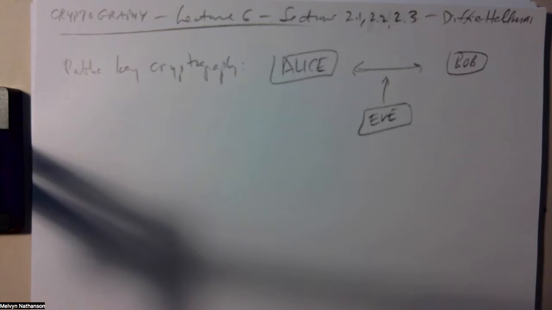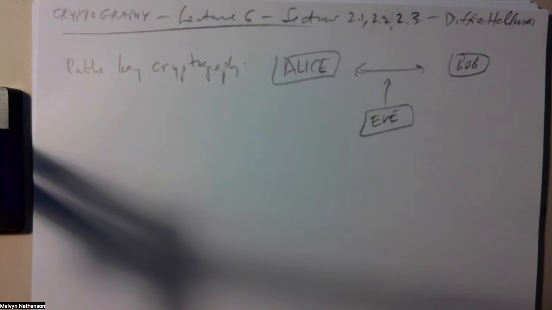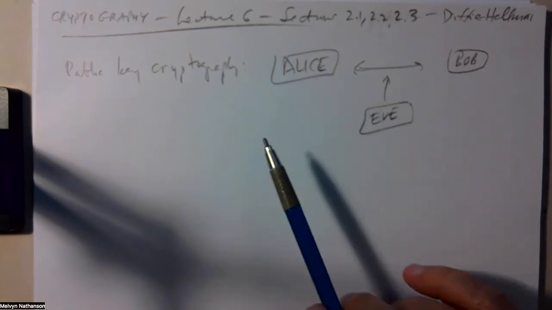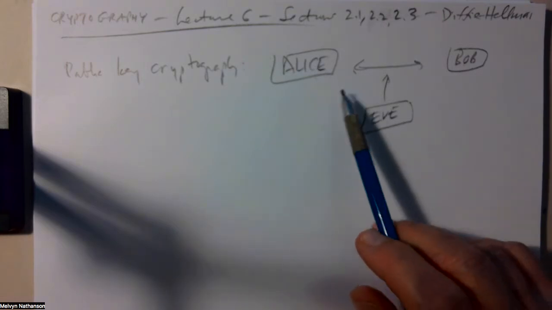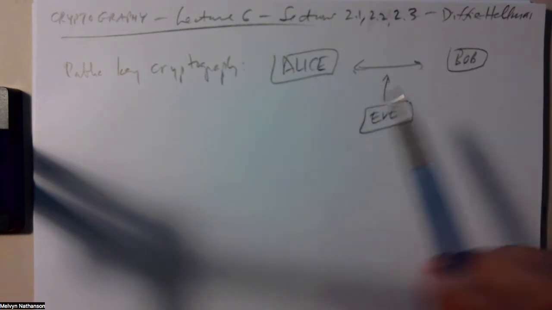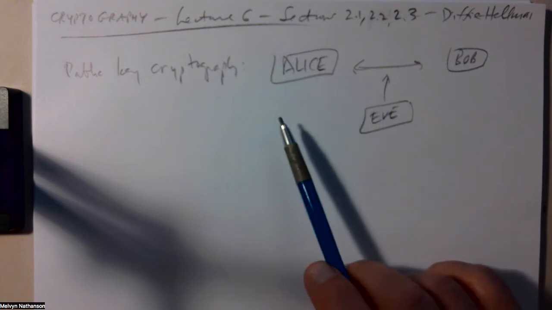So the first problem in cryptography might be, how do Alice and Bob have a key so they can encode and decode each other's messages? Before they even have codes to begin with, they need to have a key. There might be a cryptographic algorithm, which everyone knows, Eve knows, but you can only encode or decode with the key.